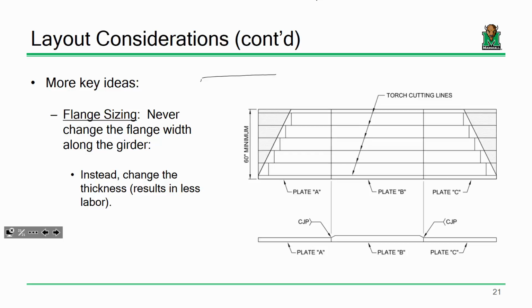If I got a beam that's simply supported, and it's subjected to a uniformly distributed load, right? Would you agree that the moment diagram looks something about like that? Everybody okay with that? So my point being, you do not need the absolute maximum size of that girder everywhere. You really only need it right here, okay?